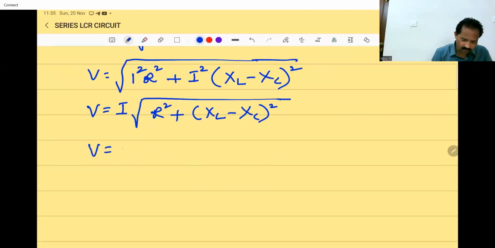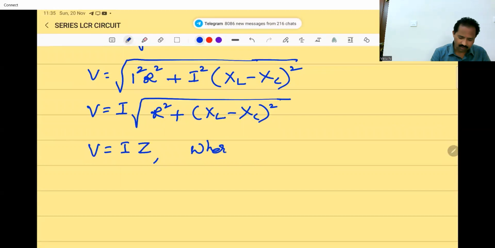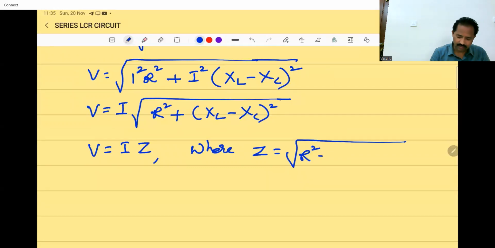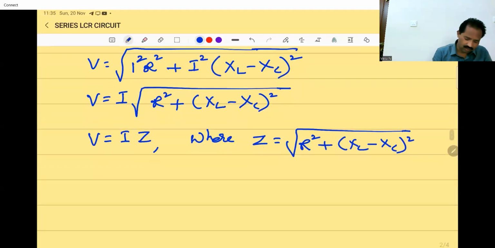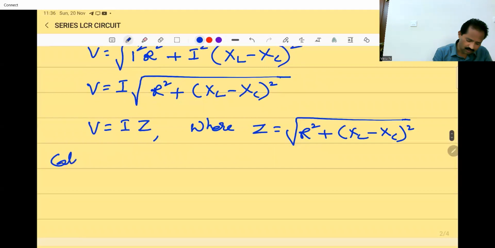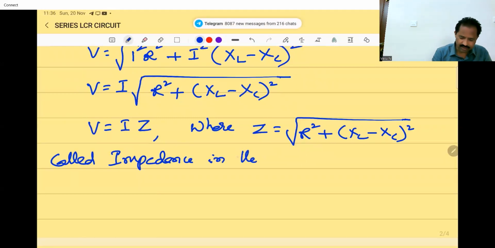So V is equal to I into Z, where Z is equal to root of R square plus XL minus XC whole square, called impedance. Called impedance in the circuit.